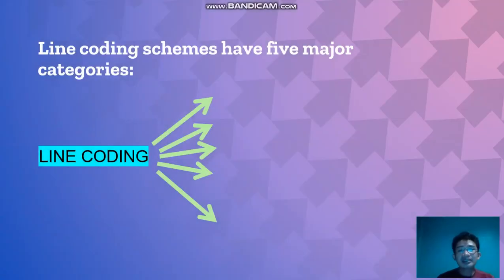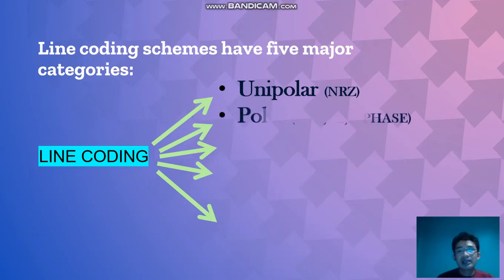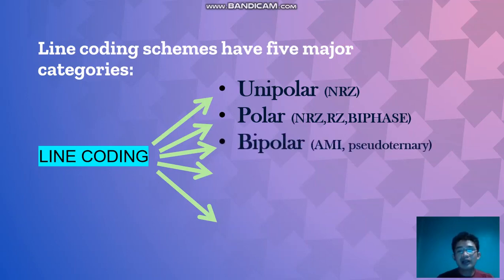Line coding schemes have five major categories. The first is unipolar. It consists of NRZ. Second is the polar, which consists of NRZ, RZ, and the biphase. Third is the bipolar. It consists of AMI and pseudo-ternary.